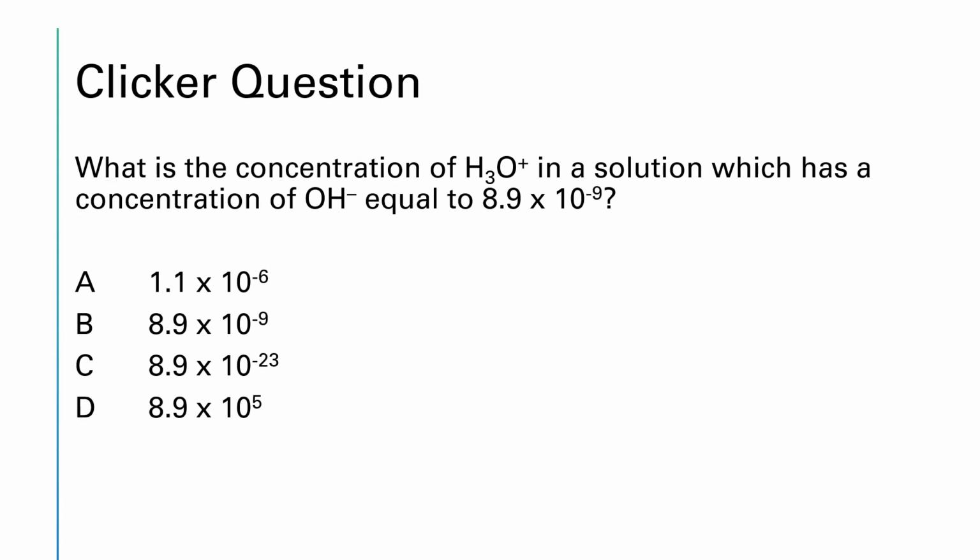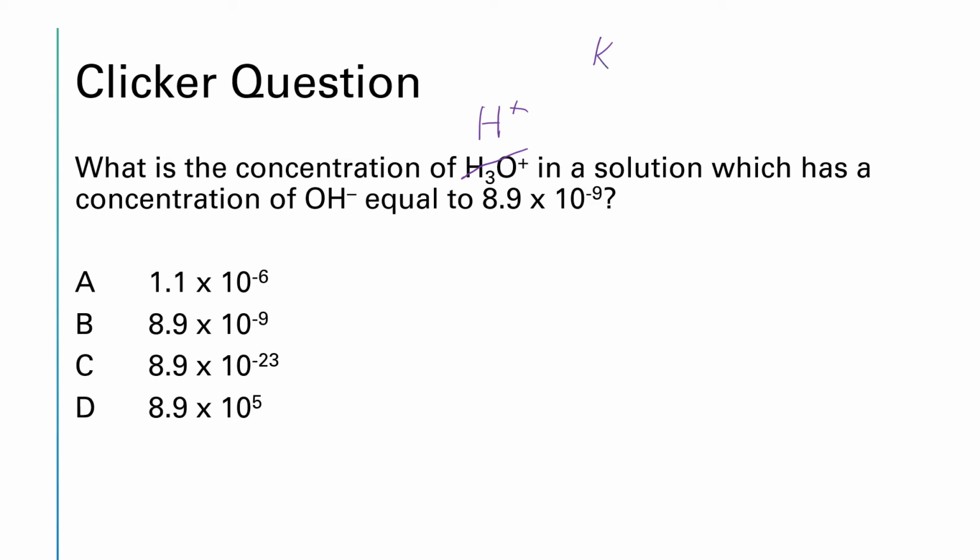This question asks us to find the hydrogen ion concentration. Now it's labeled as hydronium, but every time I see hydronium, I just think H+, and I tip my hat to acknowledge that water molecules will be associated with this H+ ion.